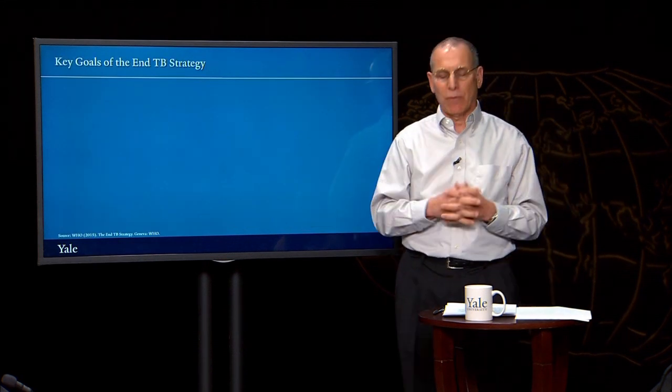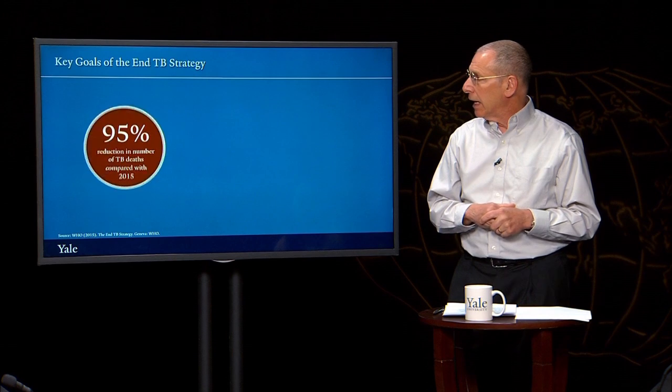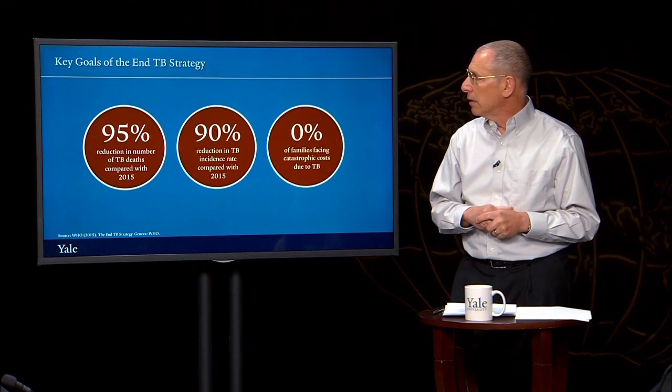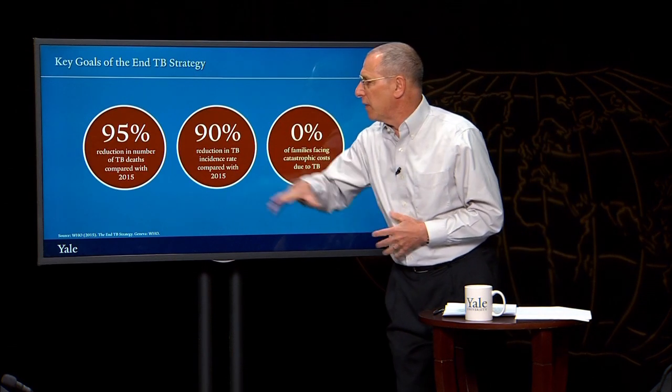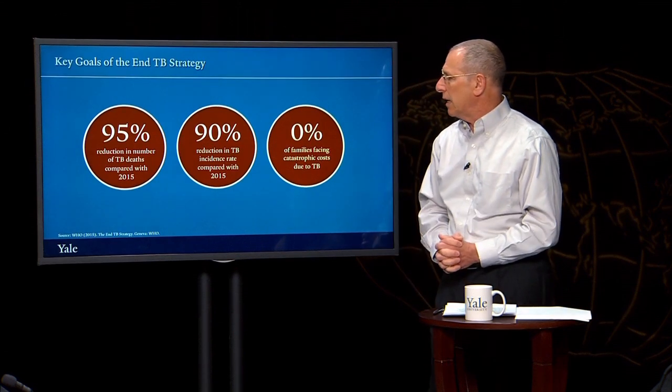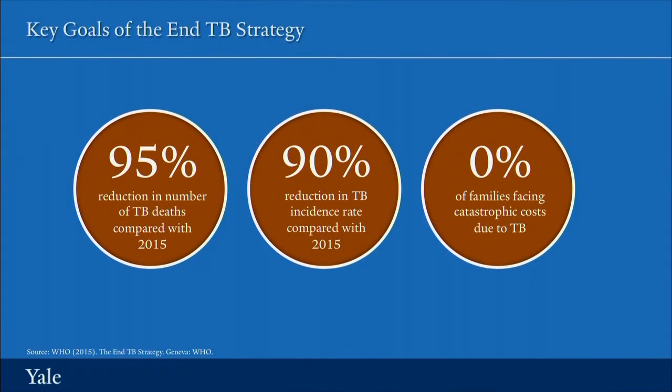There's a new strategy for ending tuberculosis, and that strategy suggests that what we ought to aim for is a 95% reduction in the number of TB deaths compared with 2015, a 90% reduction in the number of new infections compared with 2015, and that we should wind up in a world in which hopefully no families with a member infected with tuberculosis suffer catastrophic financial losses because of TB disease.